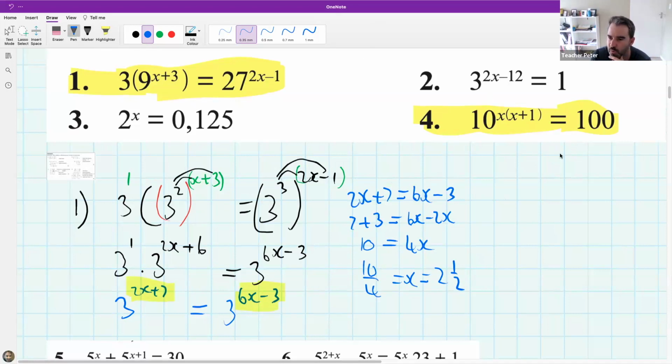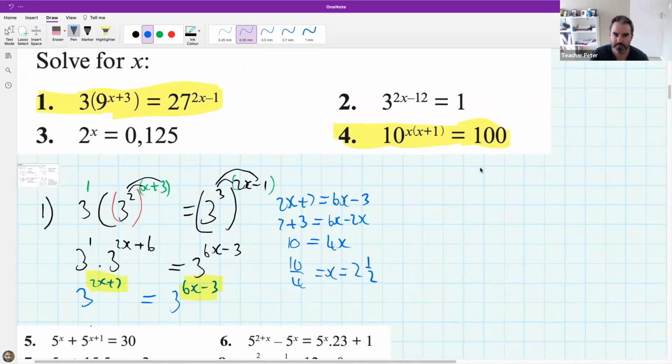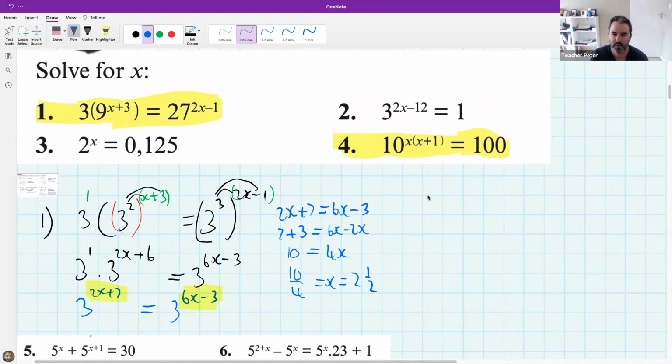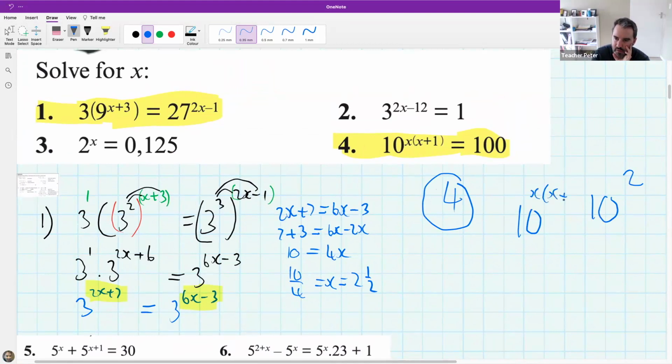Okay, let's see if we can do number 4. What is going to be the key step for number 4? I feel like the 100 has to be broken down into 10 squared. And then from there, can you get the answer? And just say done when you're done with that one.